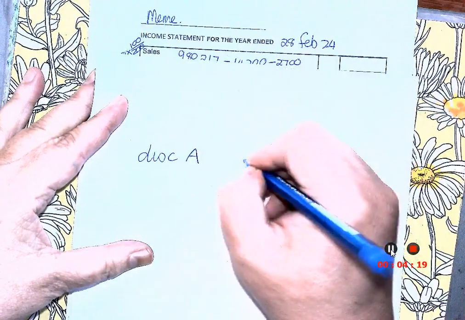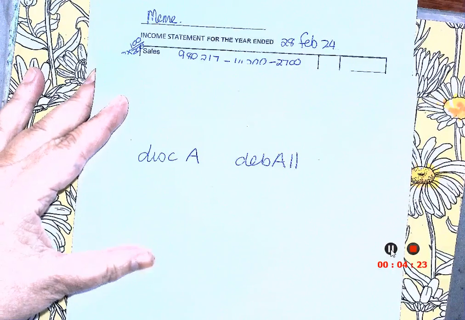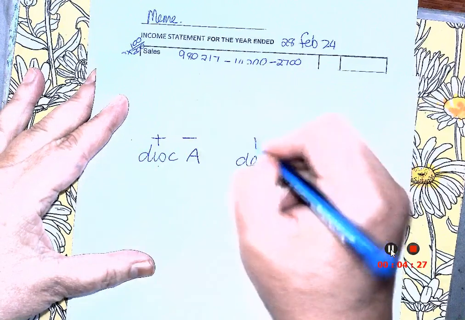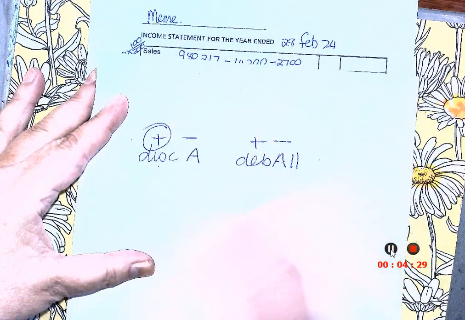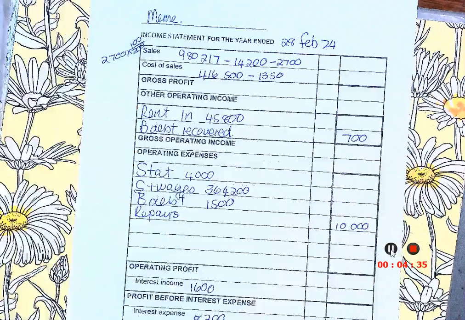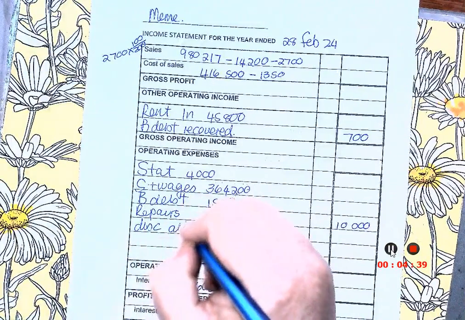I'm going to credit debtor's allowance. Discount allowed is an expense and an expense. This one will plus, this one will minus. Okay, now the discount allowed is easy. I just put it in my expenses. Discount allowed, and how much was it?